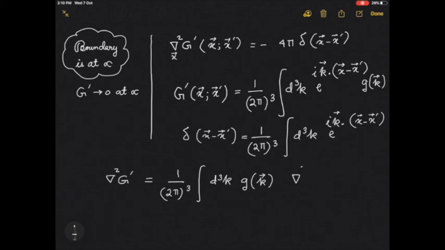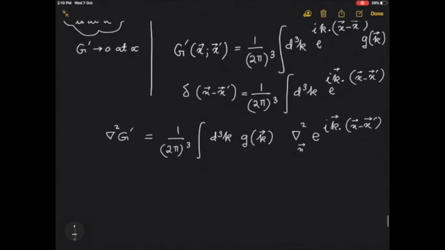I can write this as, and remember that this grad square is on x. What will I get if I do this? Every time I use the grad operation, I will get an ik out.